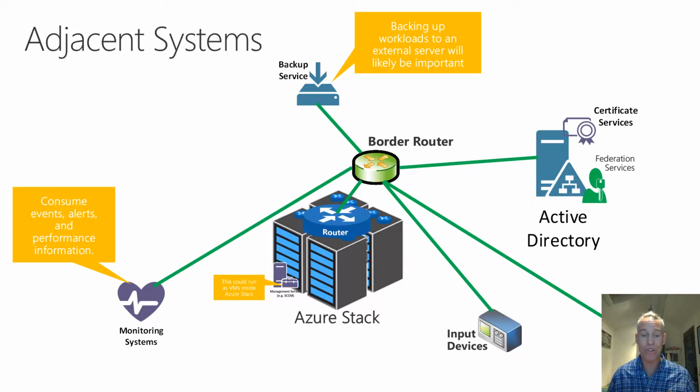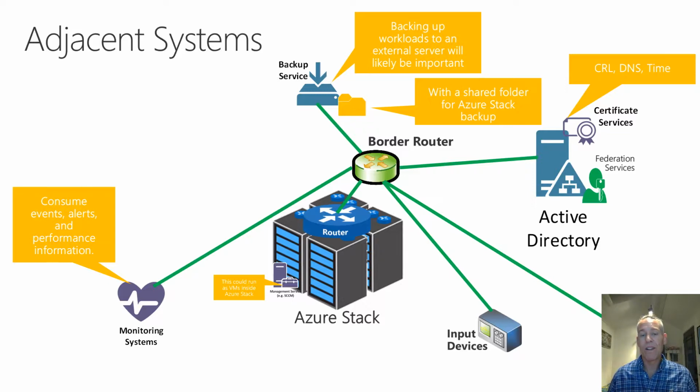So if there's a disaster in the rack, you'll have a backup held somewhere external to it. And so that can be either the backup service to back up IaaS VM workloads, other workloads in the user space, and can also hold the shared folder required for infrastructure backups that you'd schedule automatically inside Azure Stack.